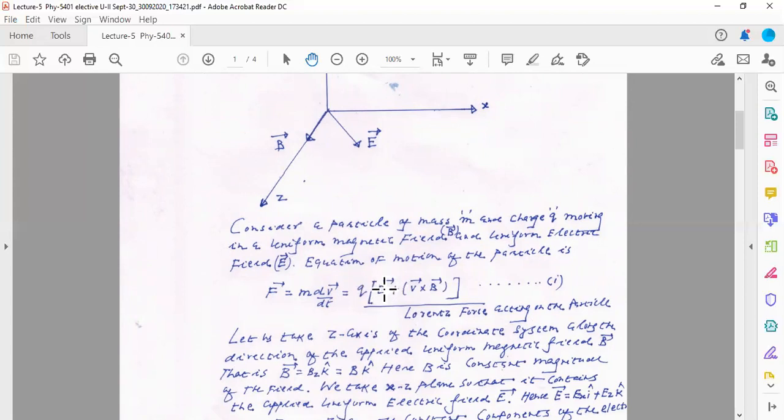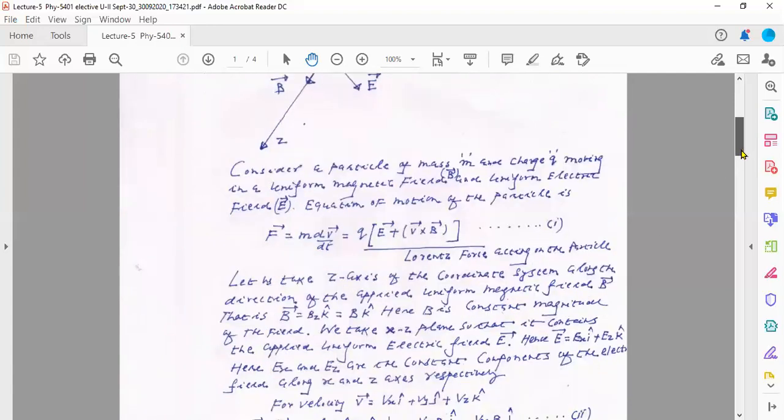This is the electric field which is applied in the xz plane, and we have the vector product v cross B, where v is the velocity of the particle. Let me explain once again. Let us take the z-axis of the coordinate system along which you apply a uniform magnetic field.